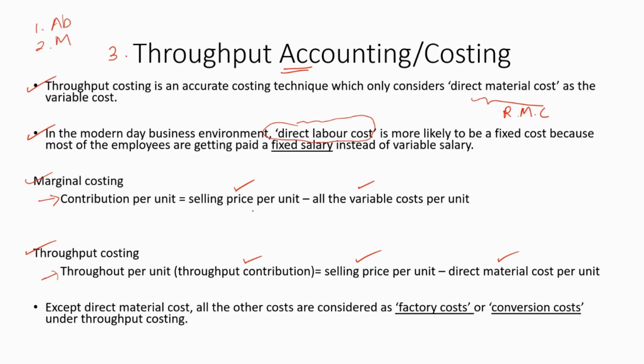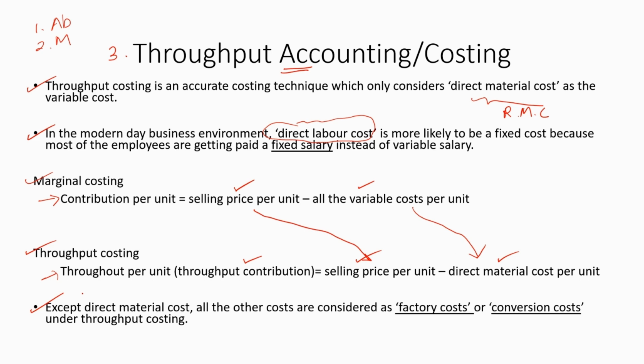As you can now see, contribution per unit and throughput contribution are similar except for the variable cost. Here we only consider the direct material cost to be the variable cost. That is the only difference between the contribution per unit under marginal costing and the throughput contribution under throughput costing.